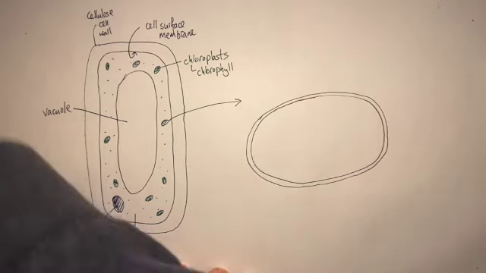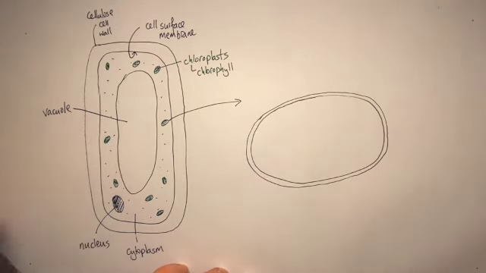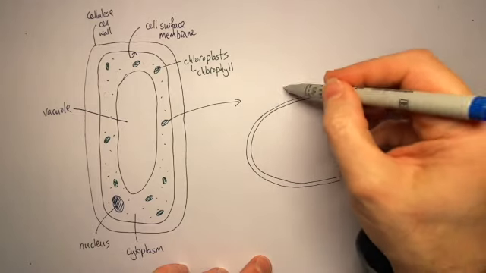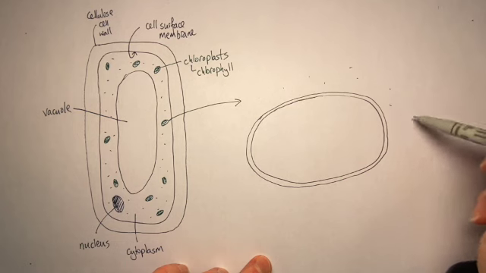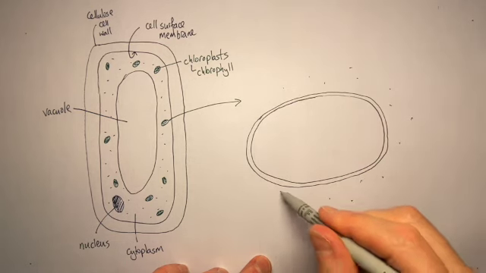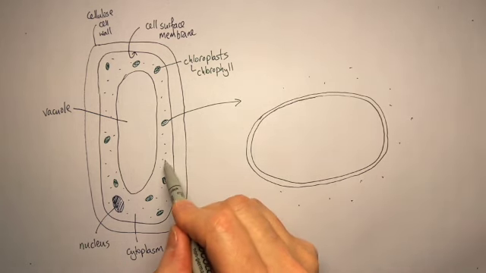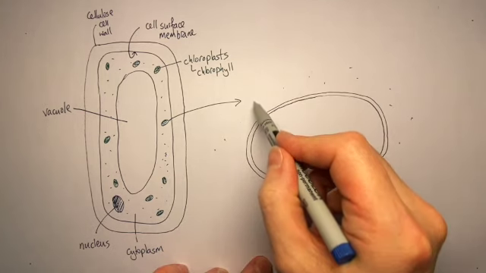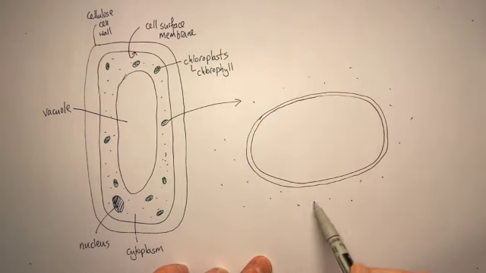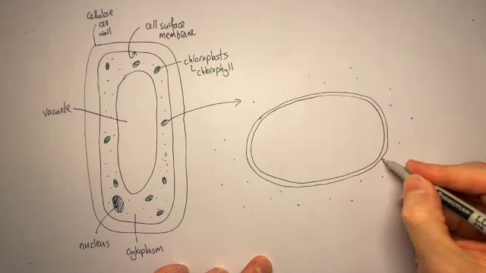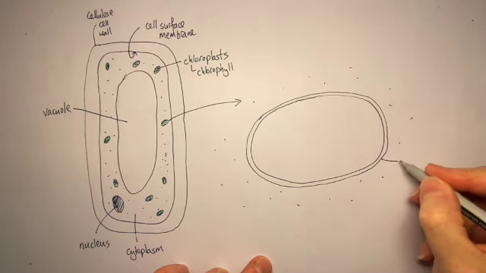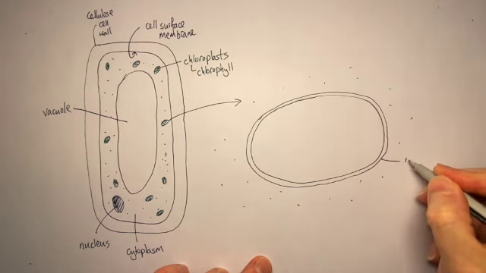Now, what is important is that you realise that this chloroplast is sat in cytoplasm. So this cytoplasm that we've got here is surrounding the chloroplast. The chloroplast is made of two membranes, and these membranes form an envelope.